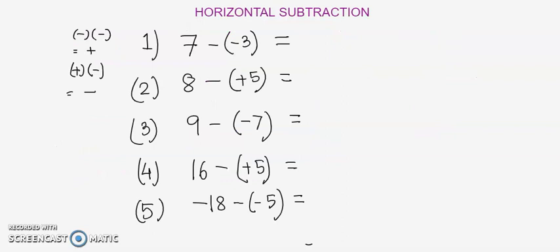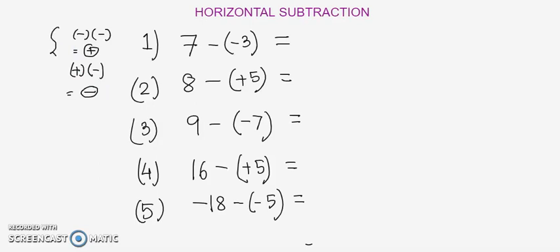This is horizontal subtraction. That means numbers are written horizontally. So 7 minus minus 3. When you have two negative signs together, they will change to a positive sign. Make it a rule. And when two different signs are together, they will become a negative sign.